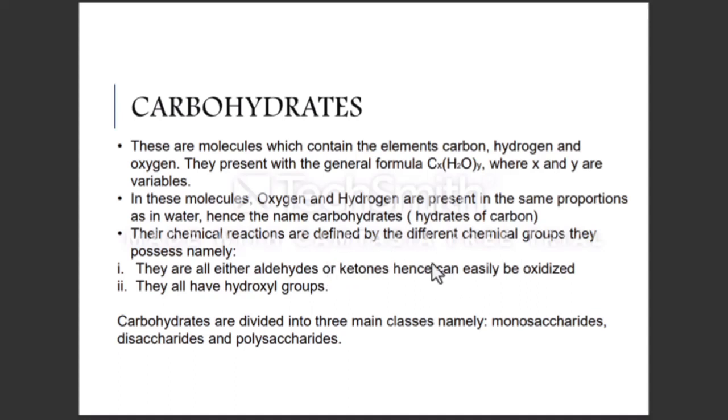So they have differences in the chemical reactions that they undergo due to the functional groups that they possess. Also, all of them have hydroxy groups, and these hydroxy groups, depending on their position, can have different properties. So what you should all know is that their chemical reactions are defined by the different chemical groups that they possess. Okay.